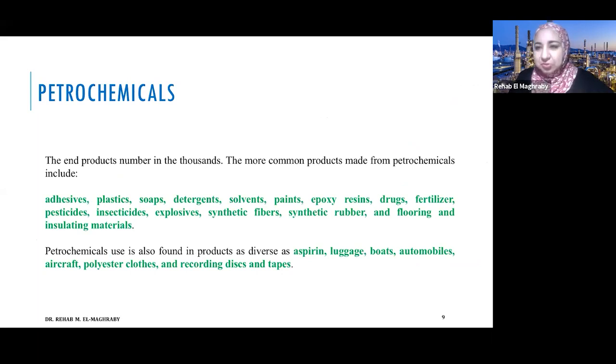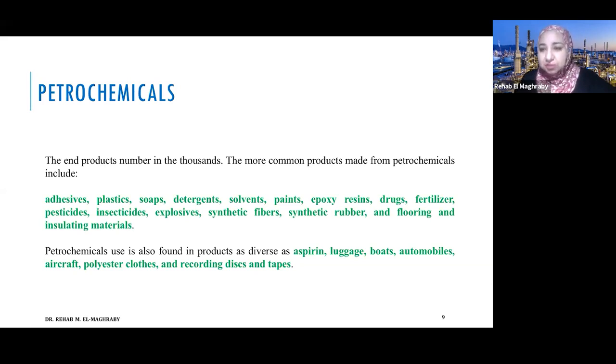There are other end products. What I talked about were examples like the plastic bottles and the waterproof material. But there are other compounds based on the petrochemical industry, like the adhesives and glue that you go to the shop and buy. Plastics, soaps, and detergents that you use to wash your dishes and your clothes are all based on petrochemicals.